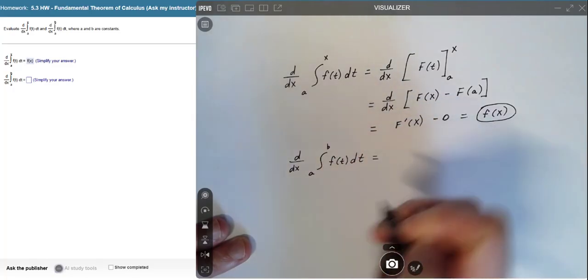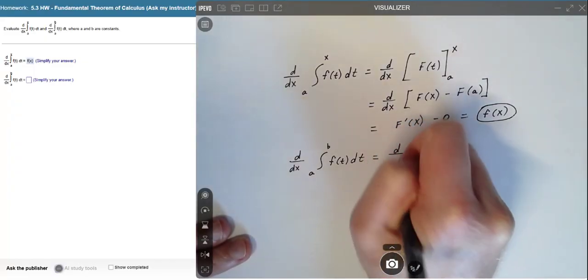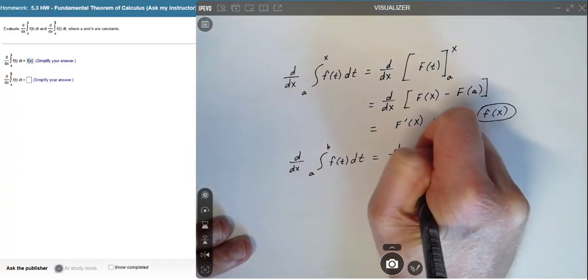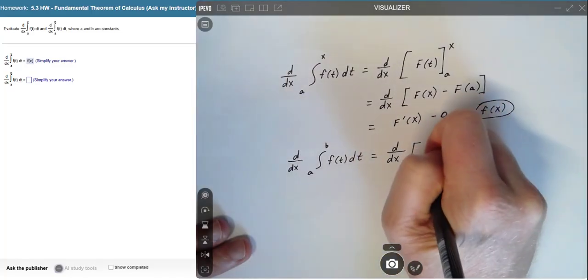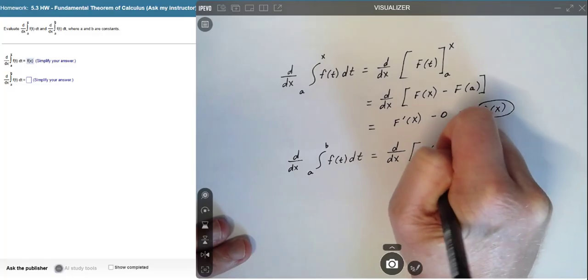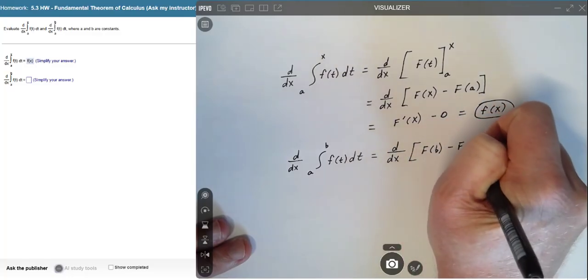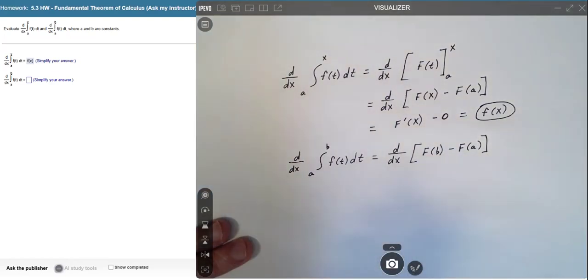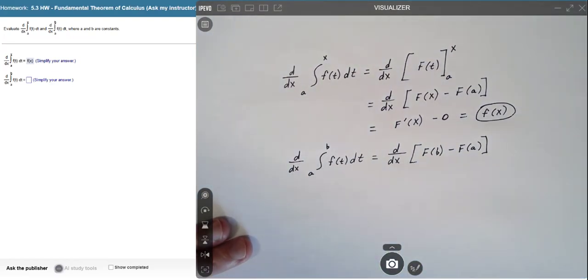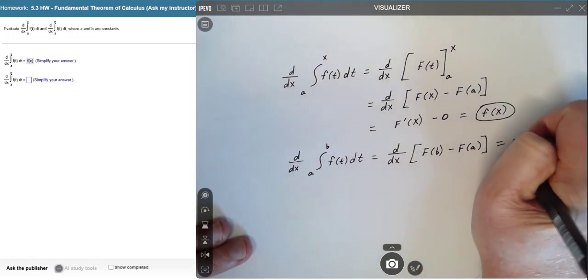The key in this one is for you to understand that we're going to be taking the derivative with respect to x of this group, and the group is just going to be the antiderivative evaluated at the constant b minus the antiderivative evaluated at the constant a. No matter what, both terms are just constants, and we know that the derivative of any constant is zero.